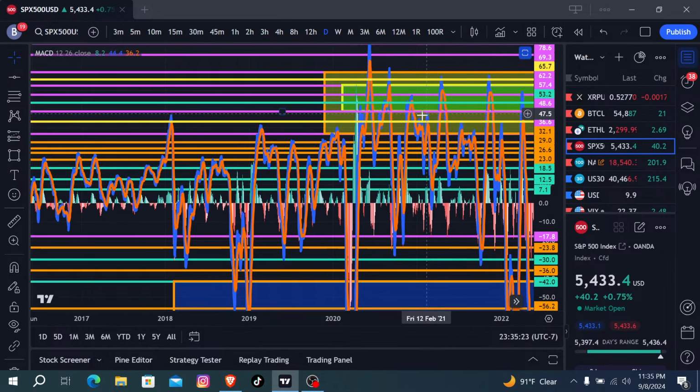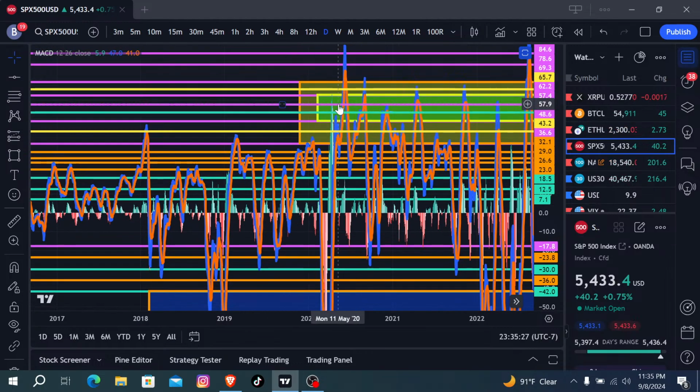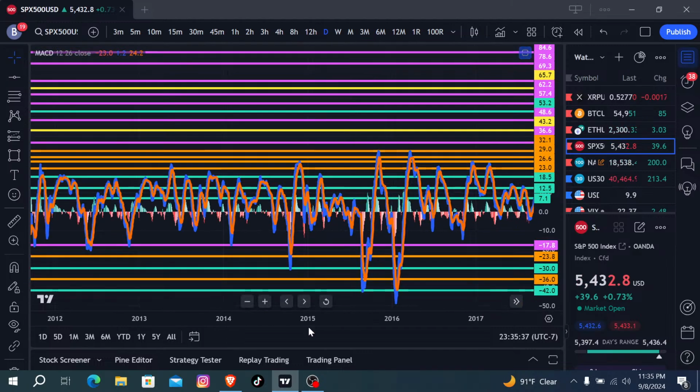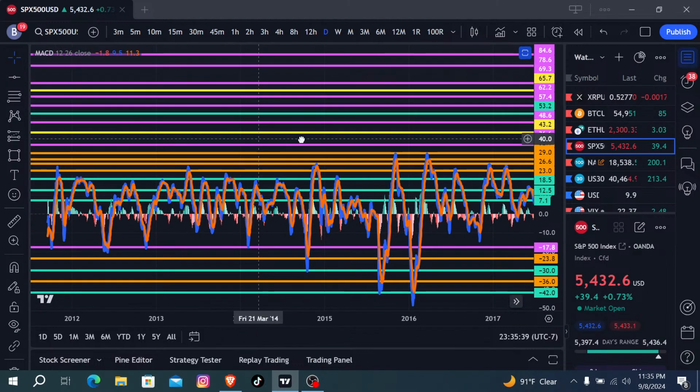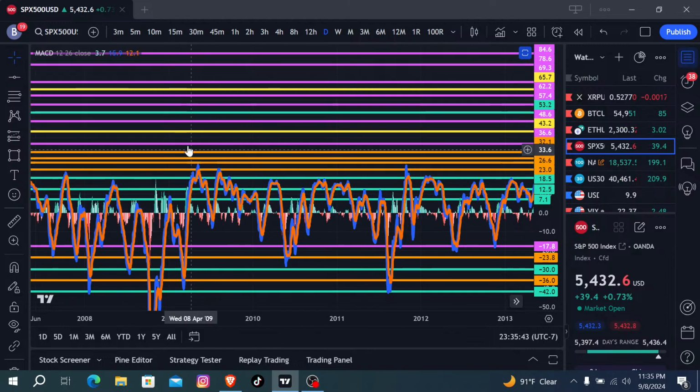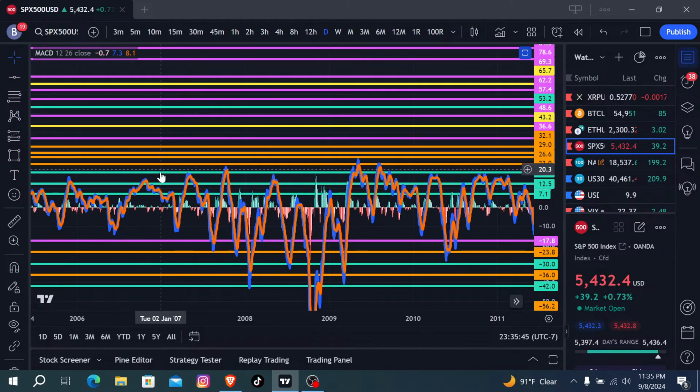Notice I pointed this out in other videos, because I did more MACD videos. So notice the high points that we have in the past. Look at the years. Notice how even in the 2005 crash, 2008, whatever you want to call it, we never had crazy moves like that.